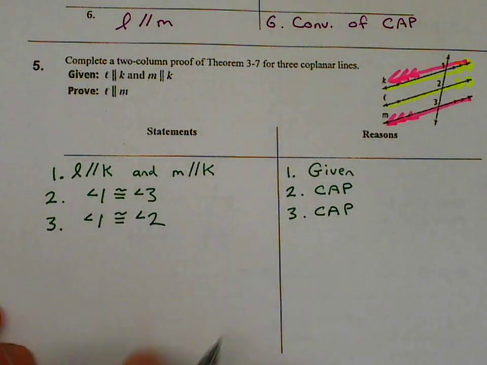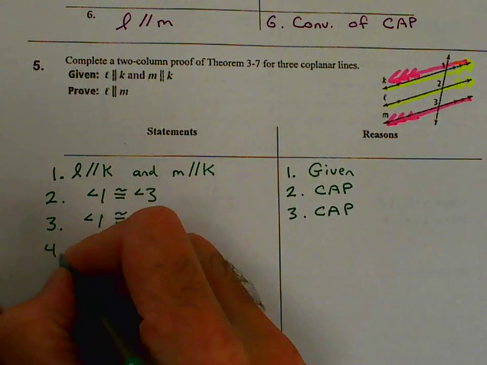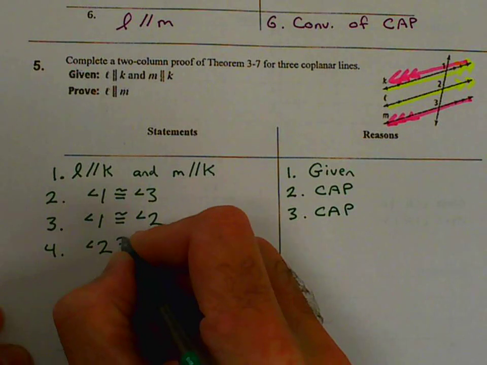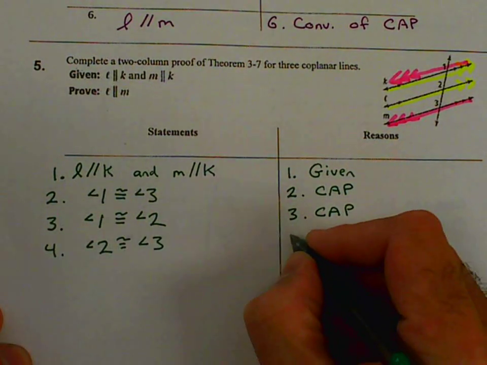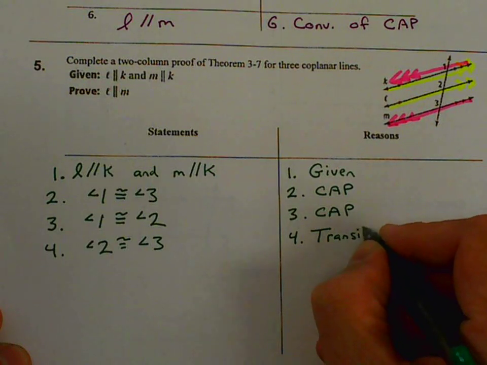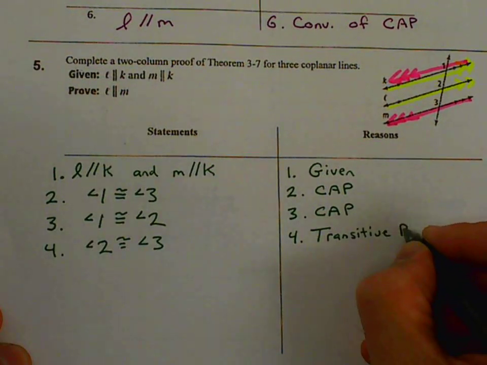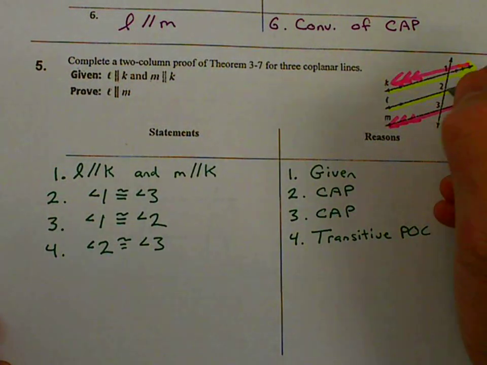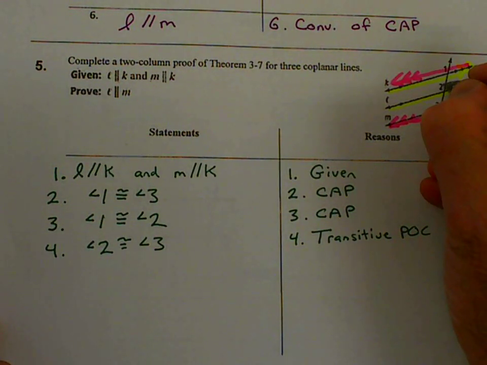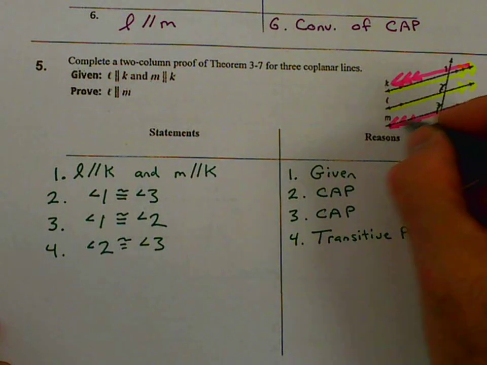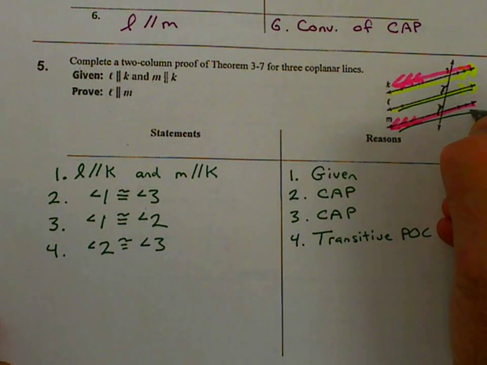And now through the transitive property of congruency, we can say that angle 2 is congruent to angle 3. Once we know that, now we can use the converse corresponding angle postulate to say these two lines are parallel.